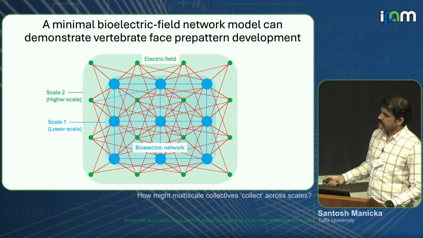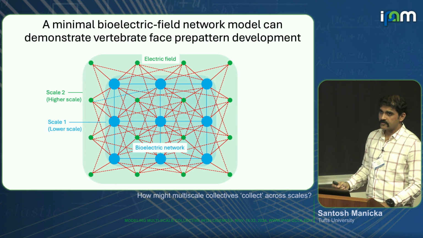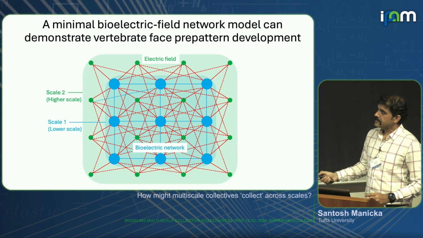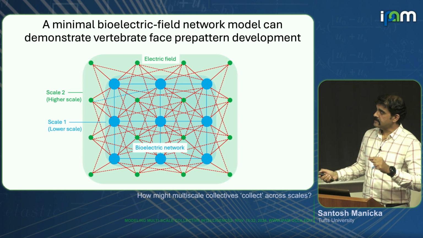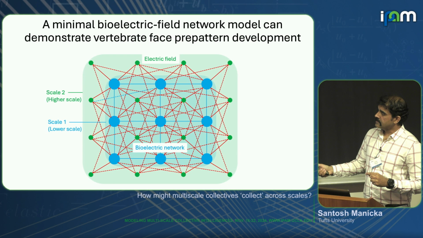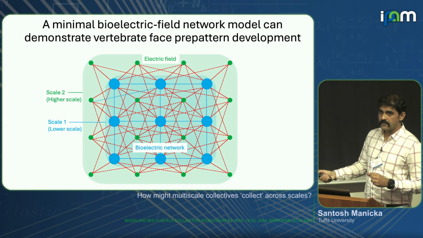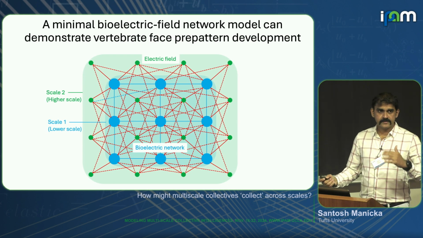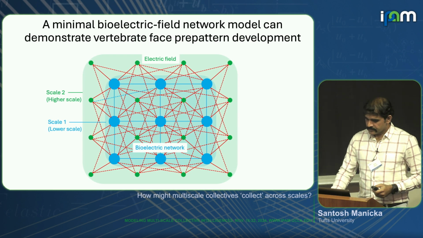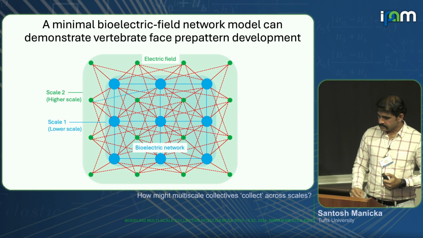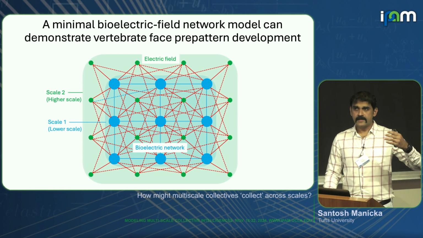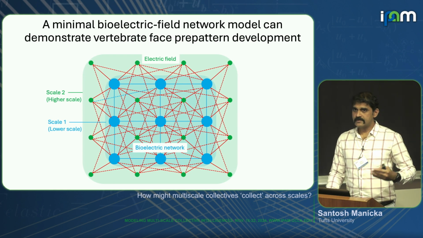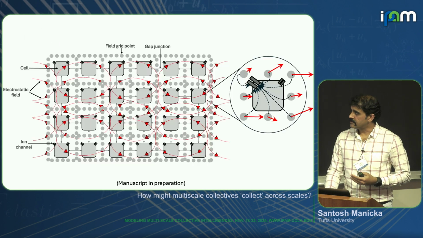The green circles represent the so-called field grid points, where an electric field force vector is assigned, and every cell will read the force vectors around it to modulate its ion channels. There is some evidence in the literature saying that electric fields can modulate the ion channels of the cells, and by doing that, it can, of course, alter the membrane potential of the cells.